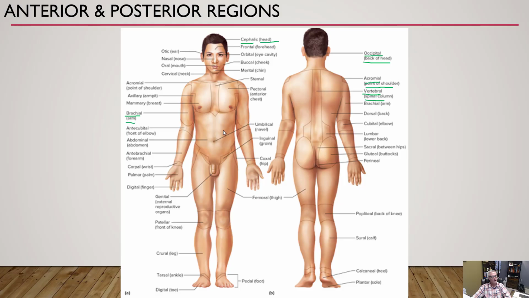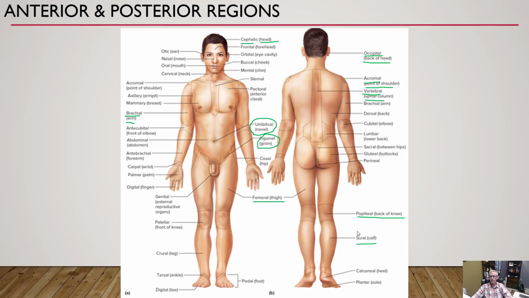As we go through AMP1 and AMP2, by the time you get through both, you should have all of these memorized. We've already talked about some of them. Inguinal means groin, umbilical means your belly button or your navel. You should know all of these by the time you get through AMP1 and AMP2.